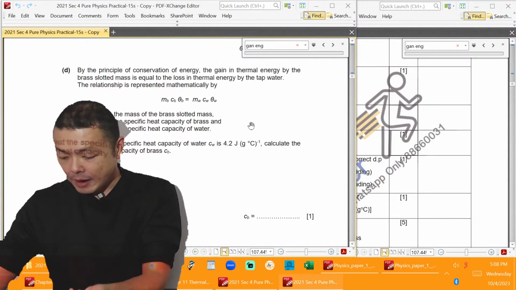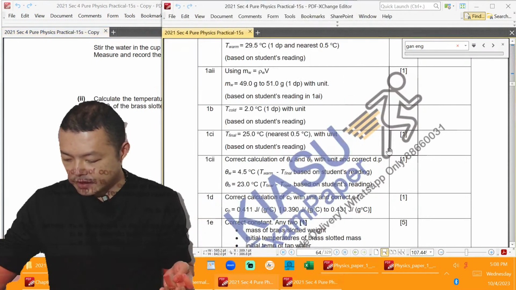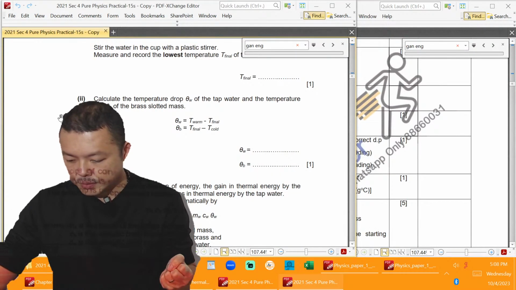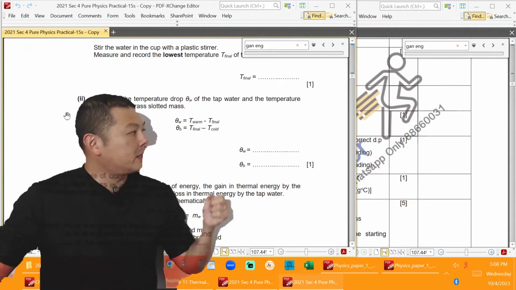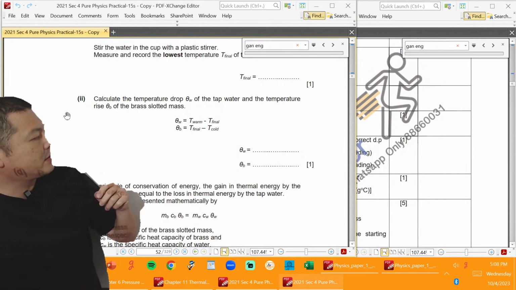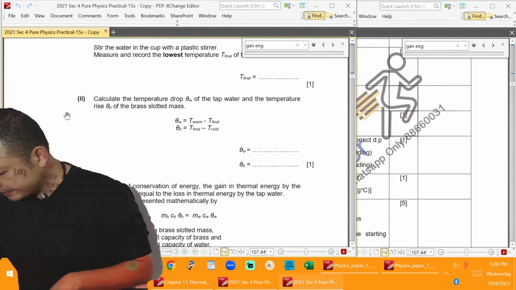You're supposed to calculate the specific heat capacity of brass using all the values that you have been given. So there you go. Temperature drop of tap water, temperature rise of the slotted mass. Can you work out the temperature rise and temperature drop?